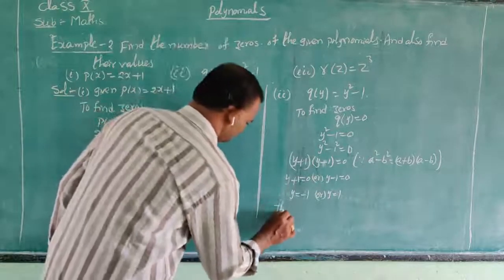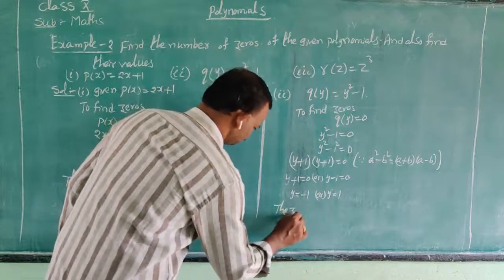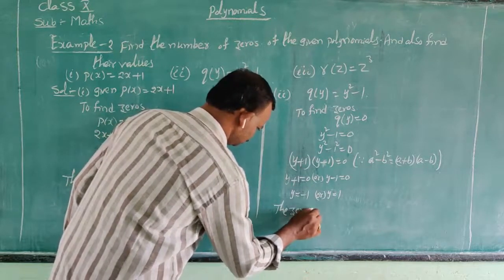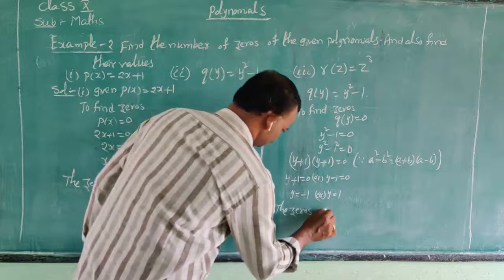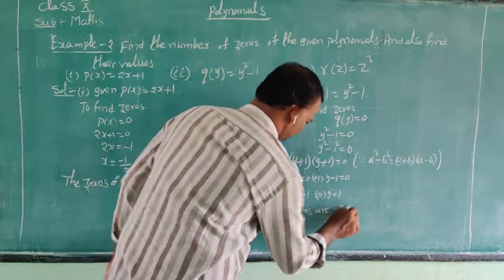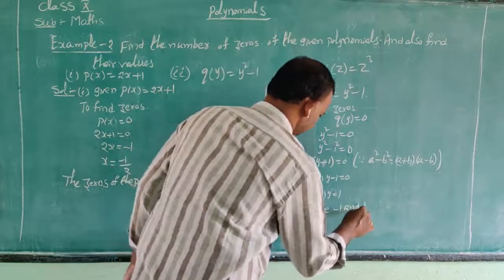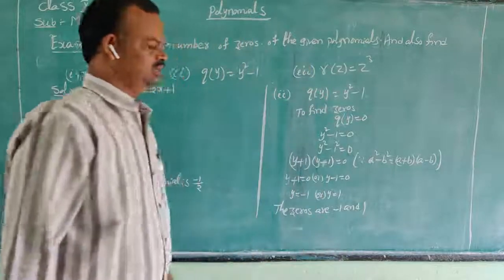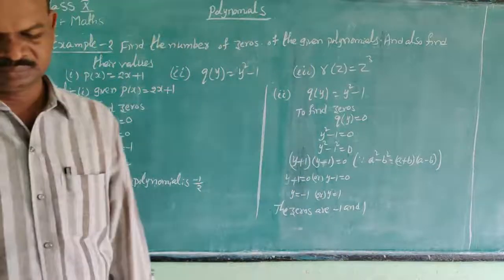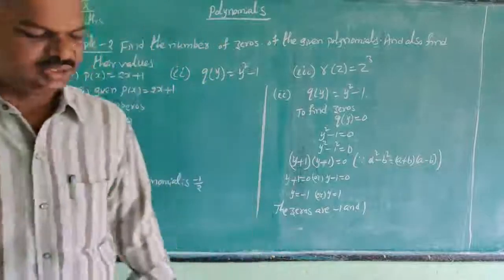Therefore, the zeros are minus 1 and 1. And next, the third one.